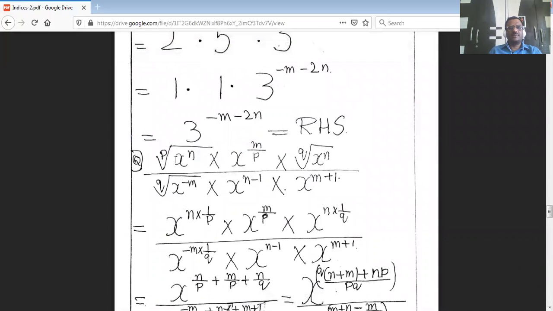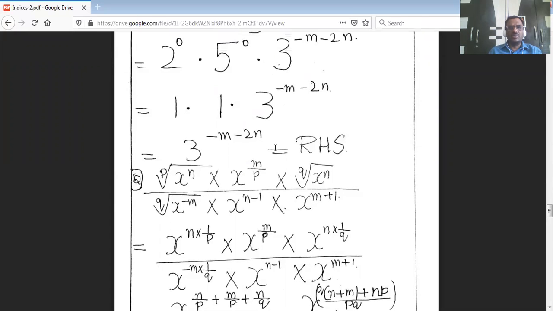In the earlier case, it was all numbers, and the nth root of a was discussed, but in this case it's about all algebraic expressions. This is what I said: variations when it comes to indices and its applications. Now we say the pth root of x to the power of n into x to the power of m by p into the qth root of x to the power of n, divided by the qth root of x to the power of minus m into x to the power of n minus 1 into x to the power of m plus 1.